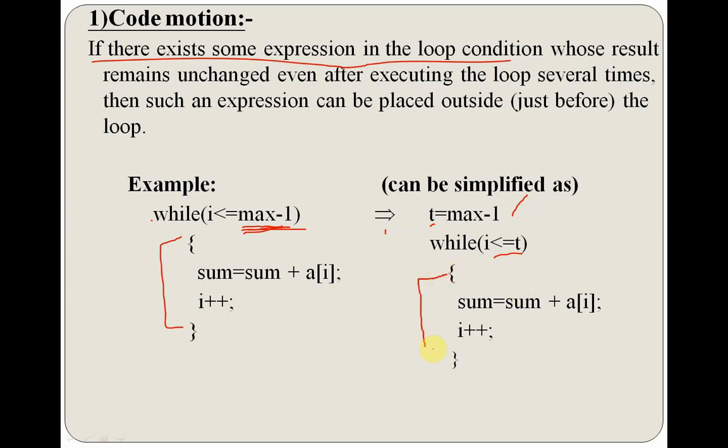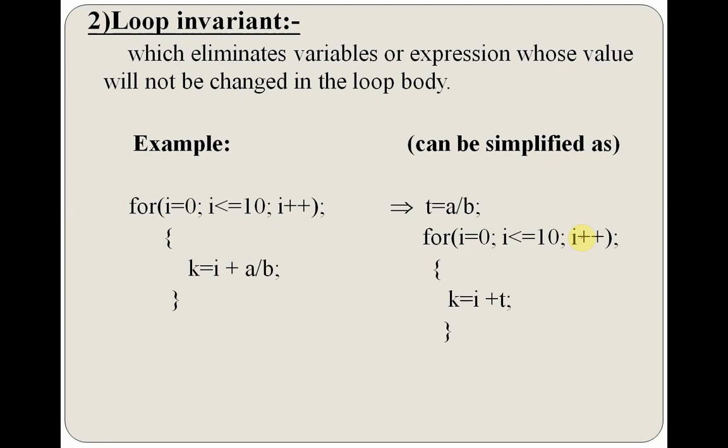The loop body is sum equal to sum plus a of I, and I plus plus. So the loop body is the same, but we have changed the condition part of the loop, and this will give the same result as this one. So this is called the optimization called code motion.